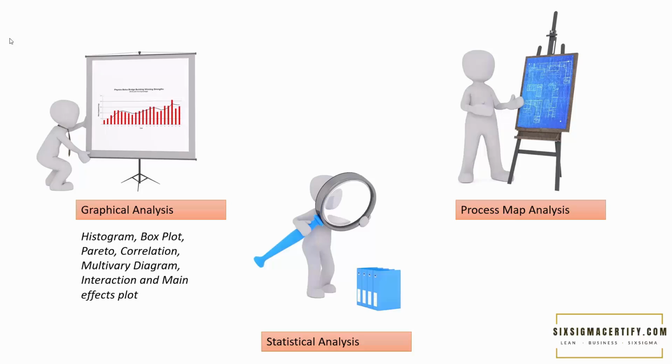We use different tools such as histogram, box plot, Pareto, correlation, multivariate diagram, interaction, and main effect plots for the graphical analysis. Similarly, we can use the regression test or the hypothesis test for the statistical analysis, and we can use the flowchart and process map for the process map analysis.